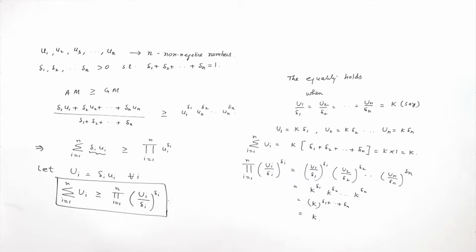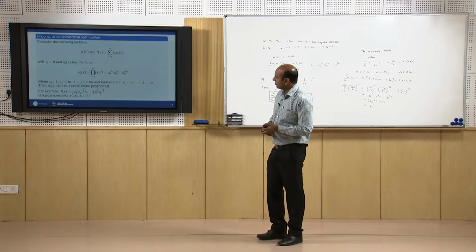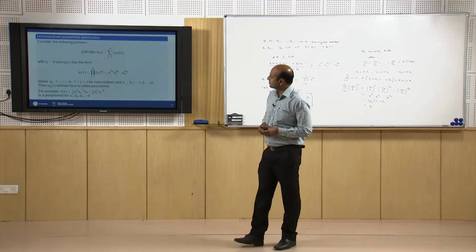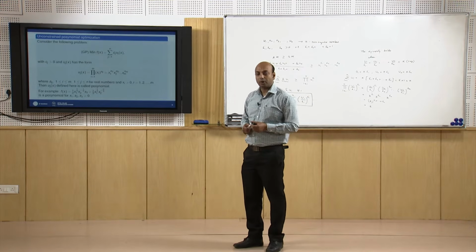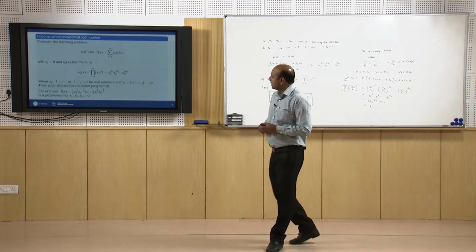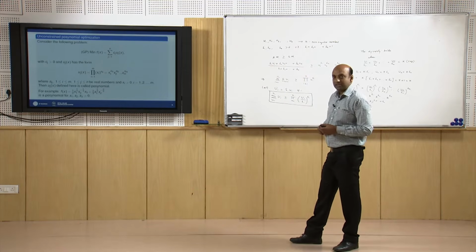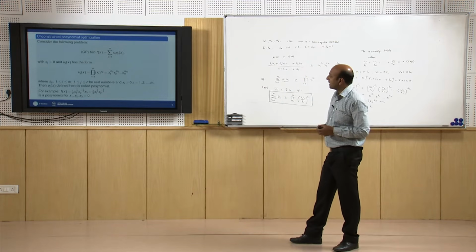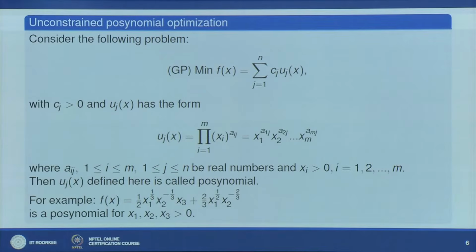Now, let us come to the problems, geometric problems. First we are discussing unconstrained problems without any constraint. Minimization of some function f(x), which is f(x) is summation j running from 1 to n, cj uj(x). The cj's, all coefficients, we are assuming are strictly greater than 0, and uj has the form of product i from 1 to m xi raised to power aij.